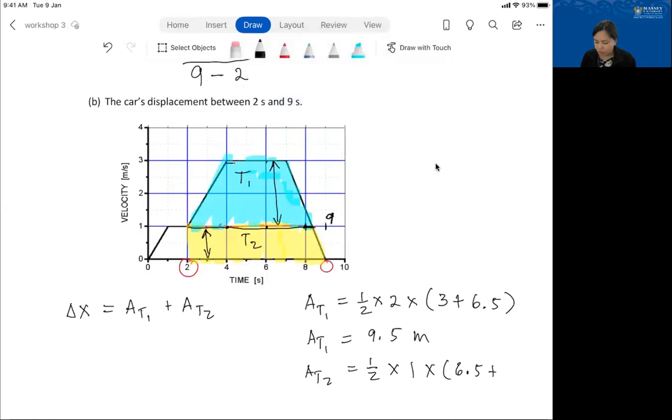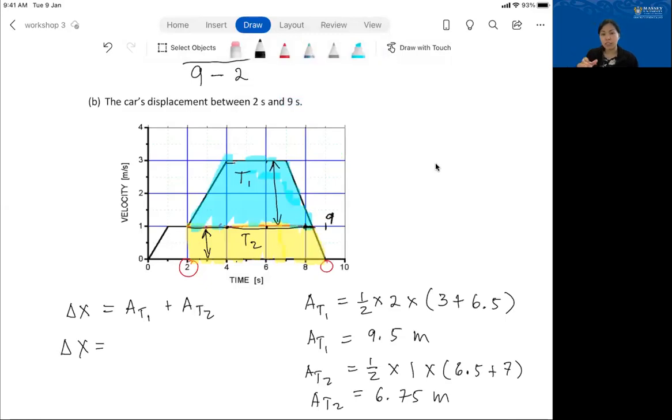The second base is 2, 4, 6, 7. That will give you an area of roughly 6.75 meters for the second trapezoid. The second trapezoid is also above the horizontal axis, so that will be a positive area, positive displacement.